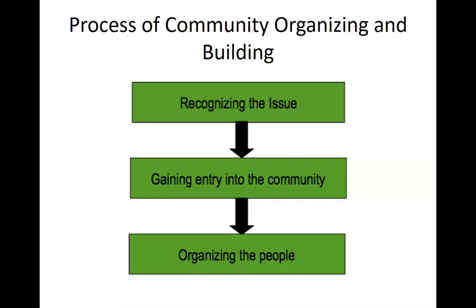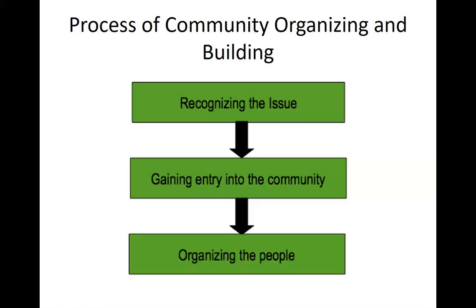So the whole process of community organizing and building, you first need to recognize the issue. That can come from within, with someone coming to you as a professional or facilitator or health specialist to help the community, or maybe it comes from the outside and the issue is really high crime or the food desert. We know it's a food desert, but you want to figure out what is going to work best with that community. So you have to gain entry into that community.